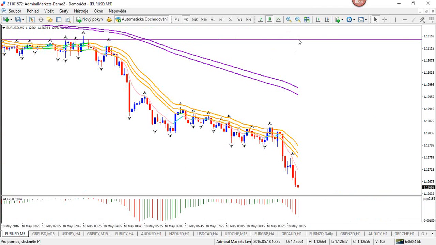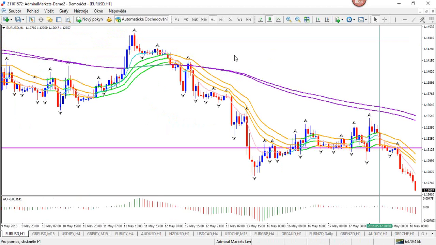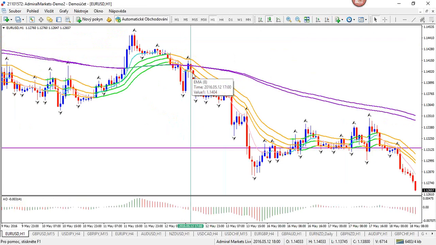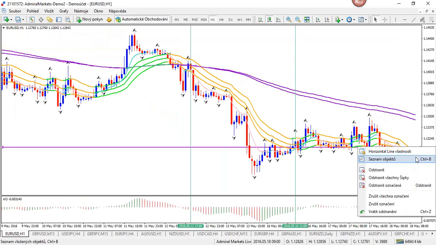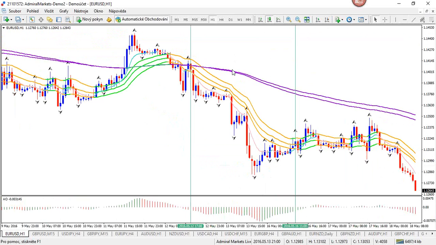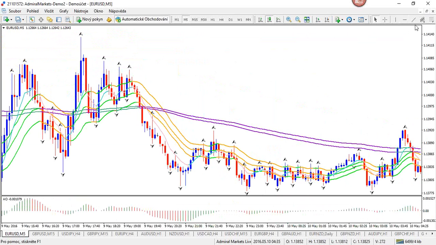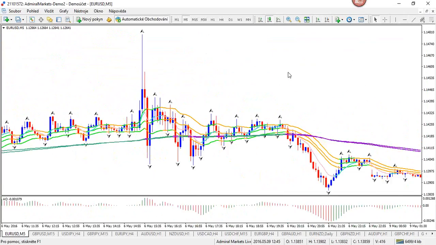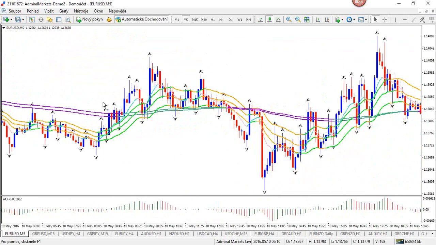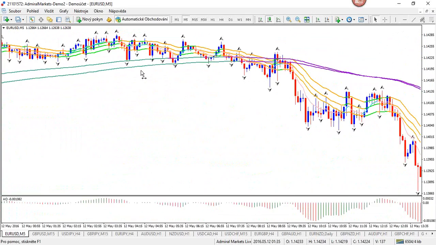So let me go back to the hourly chart. Different zone.